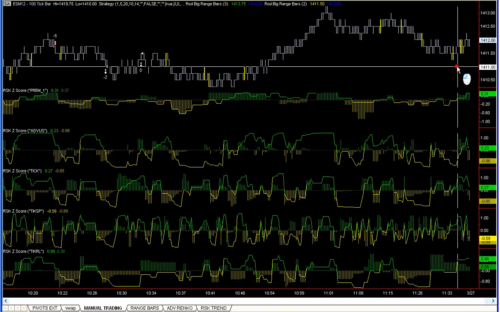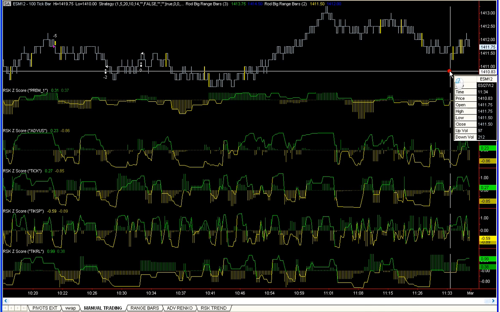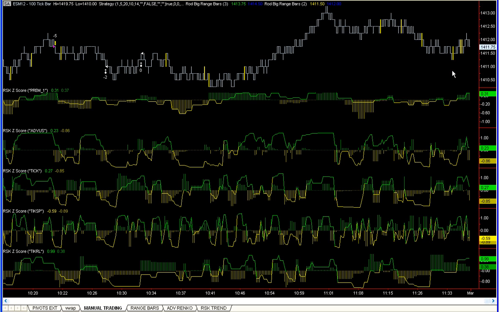Where are we at right now? This is probably still moving down. The overall direction is still moving down, I would think.